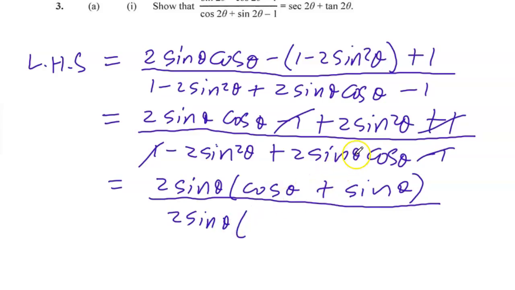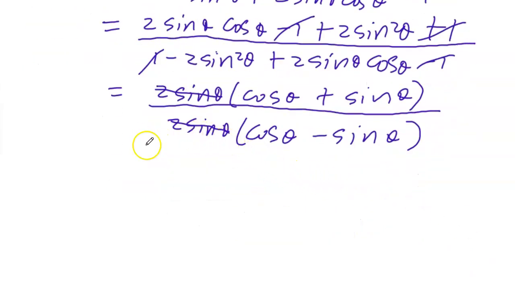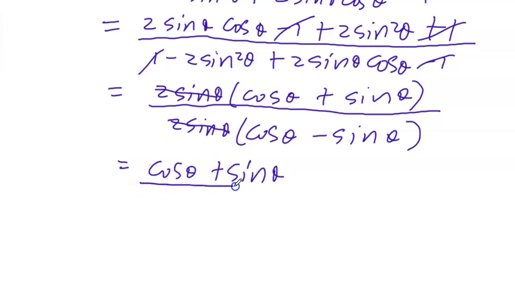Factored from this term would be cos theta, and from this term would be minus sine theta. Notice when you expand the bracket, you get the same thing. So what we really have is cos theta plus sine theta upon cos theta minus sine theta.